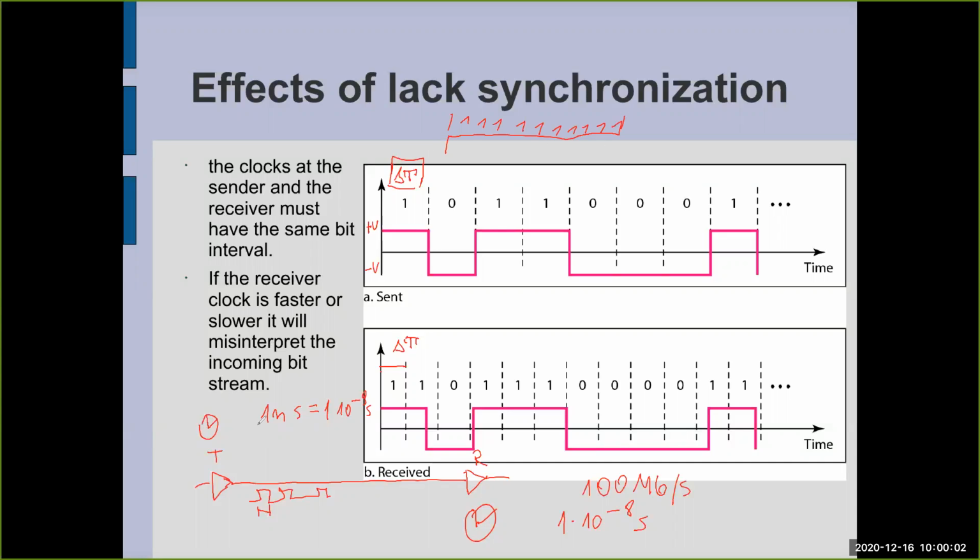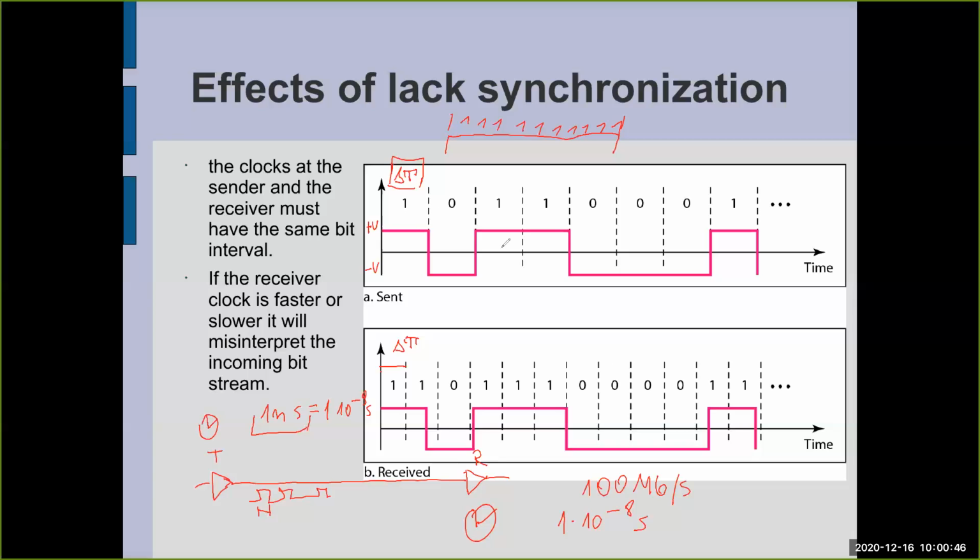So if we have the difference like this between transmitter and the receiver, it will count not 10 but 11 bits. So additional bit will be added. Of course, it is also true when there are different values. Yeah, but you can see that, okay, sometimes for some bits they will be recognized properly, others not.